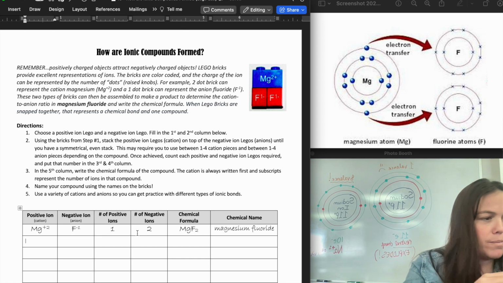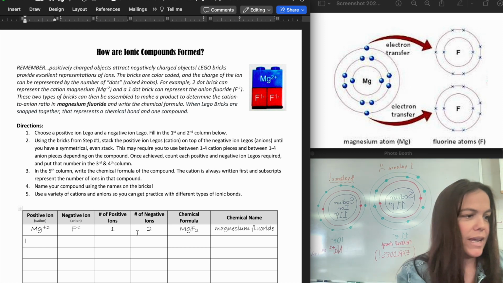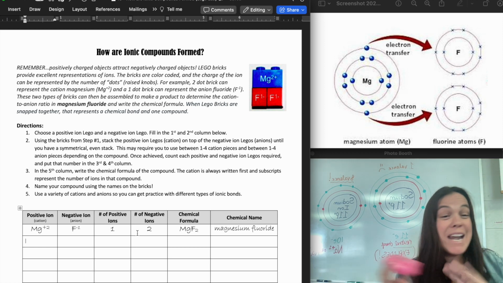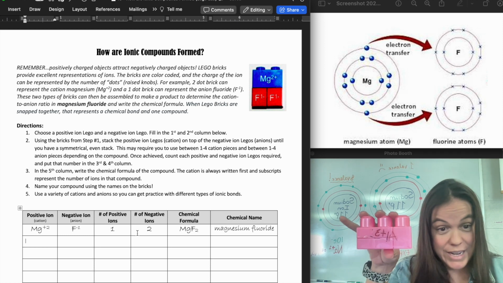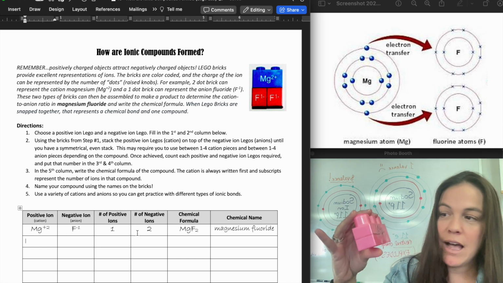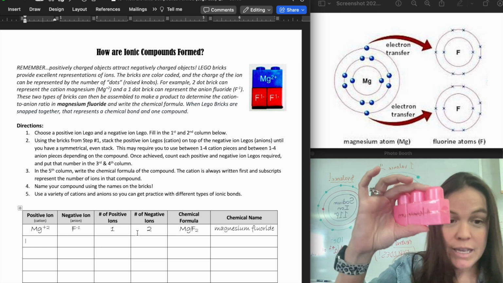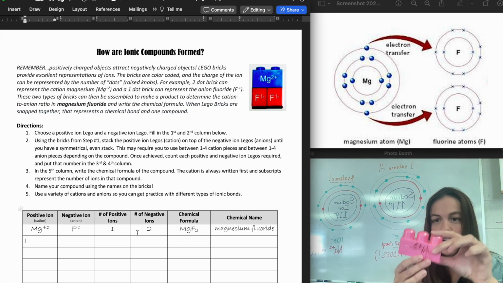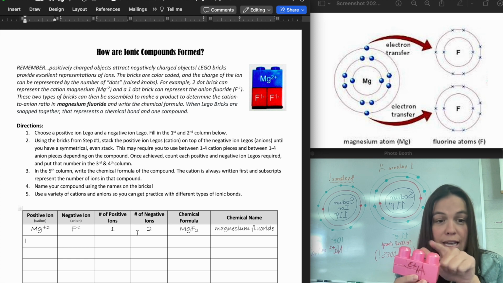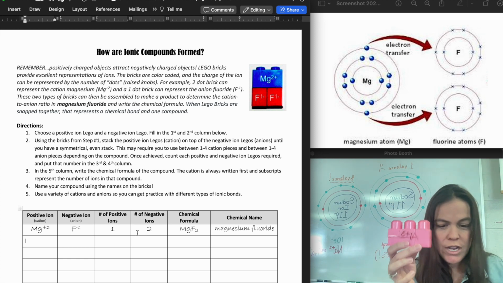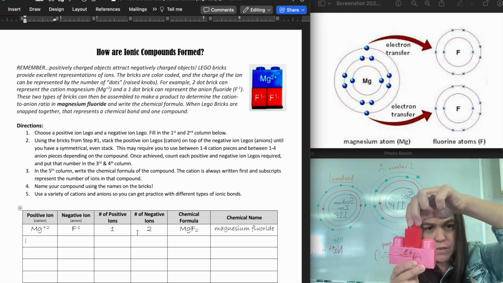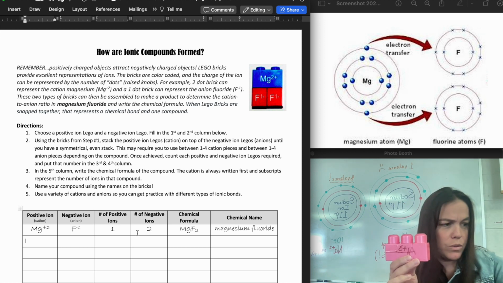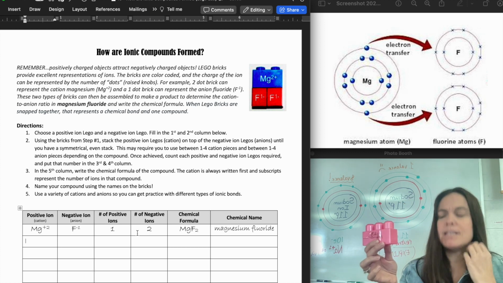Let me show you how they might get a little bit more complicated, all right? Because any positive charge can fit with any negative charge. Here's Al plus 3. It's kind of hard to read, but this is aluminum. Aluminum has 3 valence electrons, which it loses to get a positive 3 charge. Now that's fine if I'm putting it with fluoride, right? I just put 1, 2, 3. But what if I want to make this a little bit trickier?